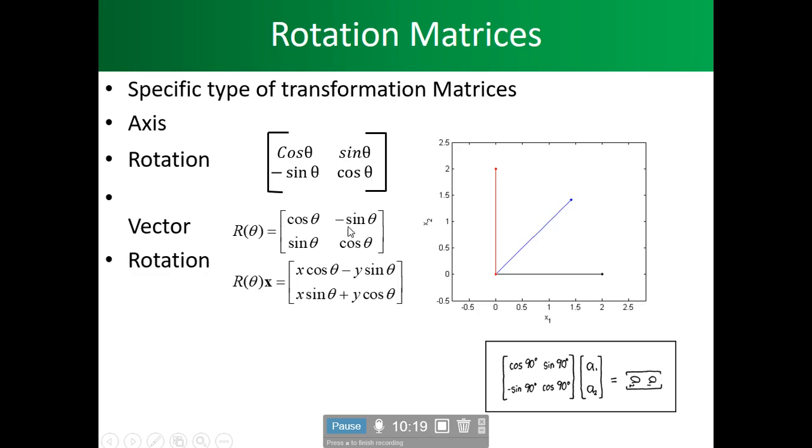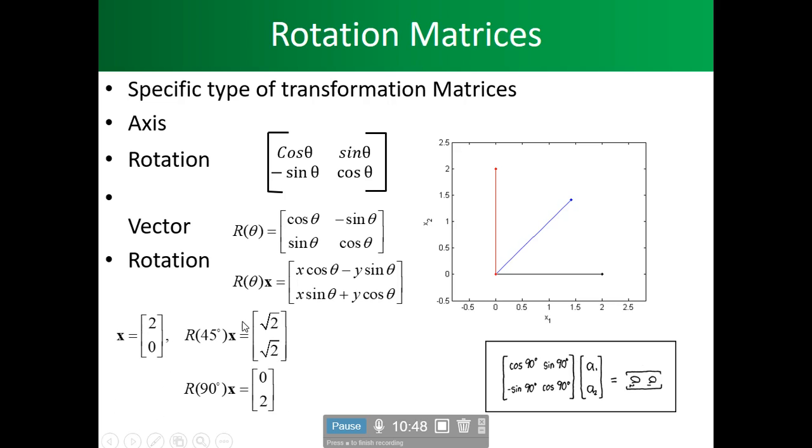The only difference is that the sign on the sine is in the first column versus the first row. That's where the big difference is. And like I said, we're going to go over an example and then have you follow up and do an example also.